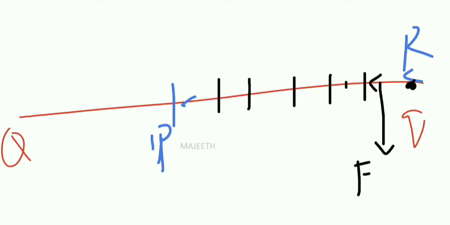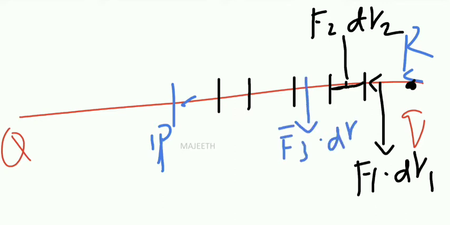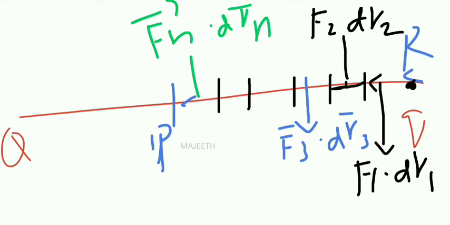Let me apply that force F1, and the distance is dr1. Here I apply force F2 to move from this point to this point, and the displacement is dr2. Here F3 dot dr3, and similarly here Fn dot drn.